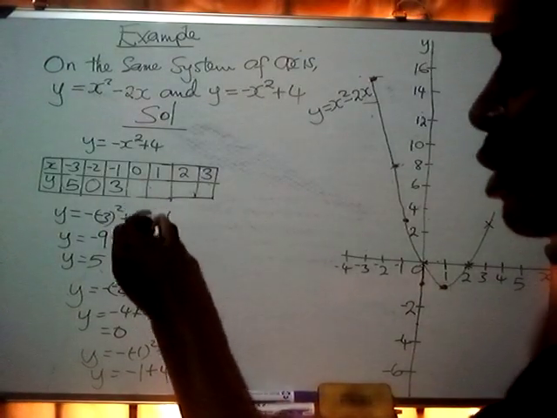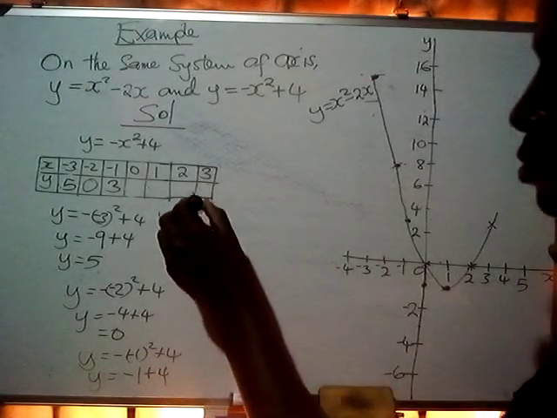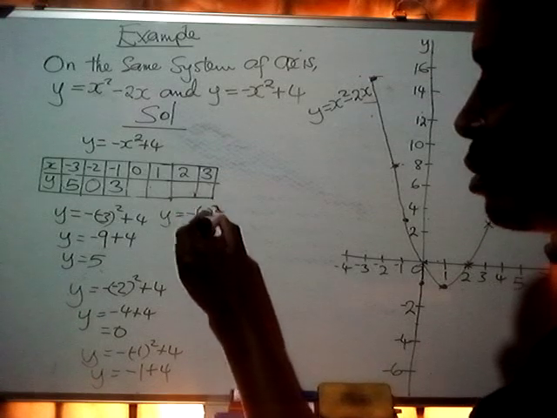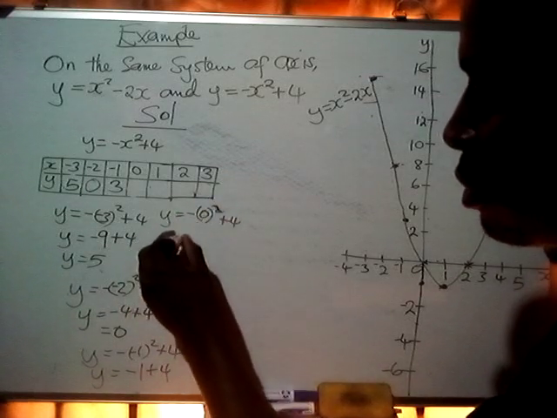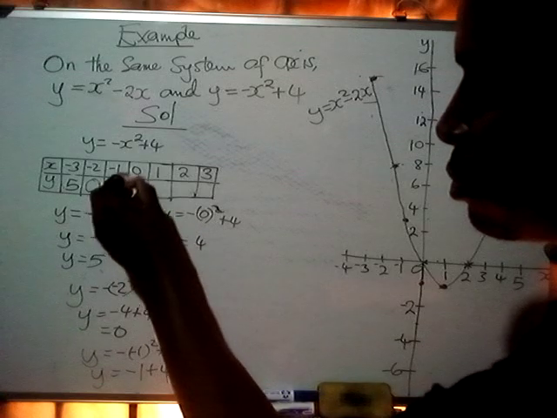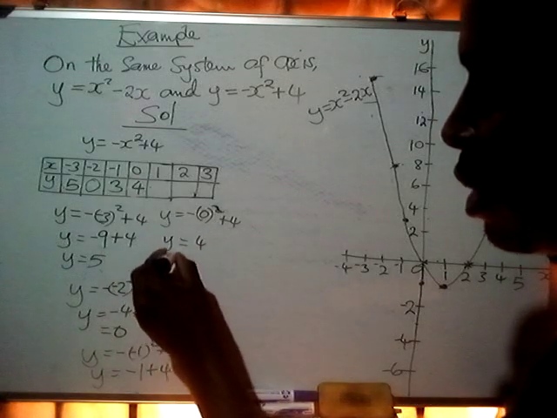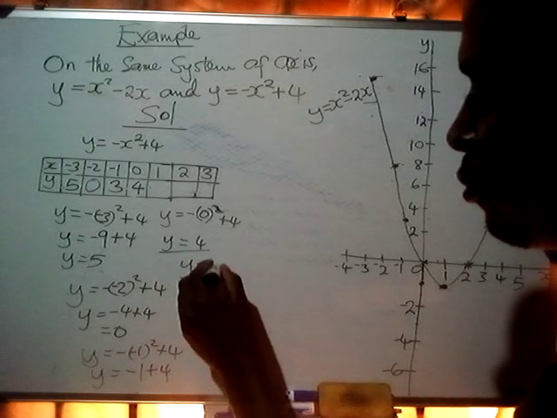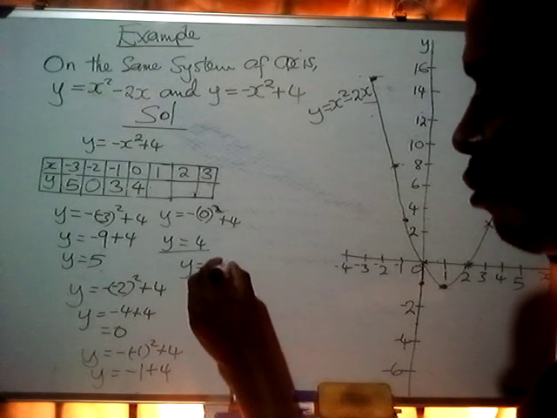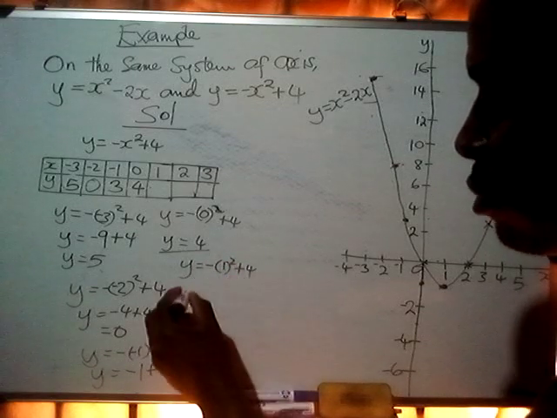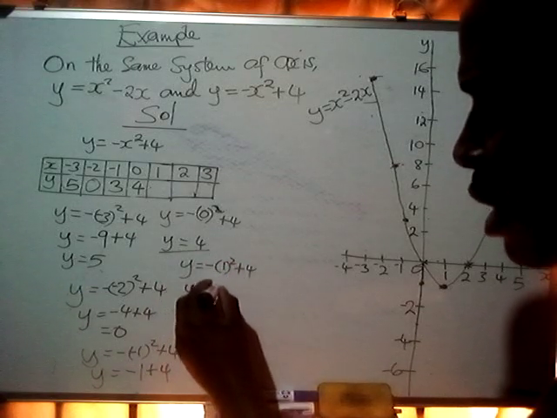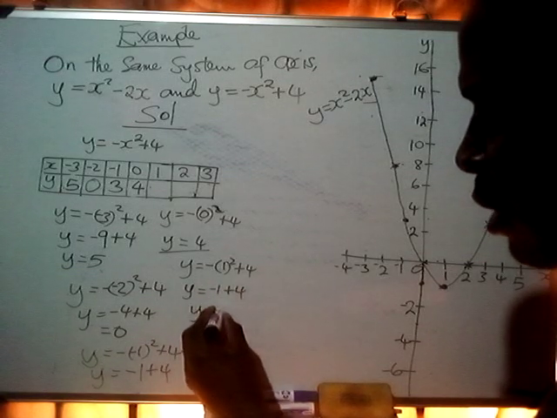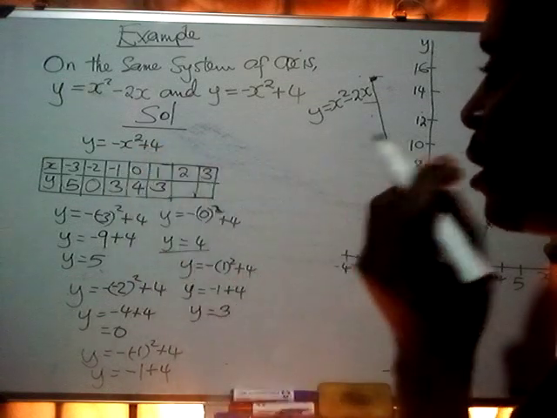Then y is equal to -(0) squared plus 4. The final answer will be 4. Then the other one will be y is equal to -(1) squared plus 4. The answer will be -1 plus 4, and our final answer will be 3. So we are going to have 3 there.